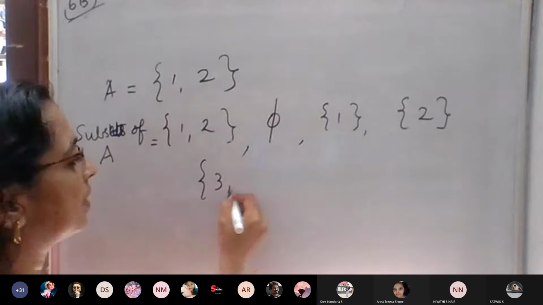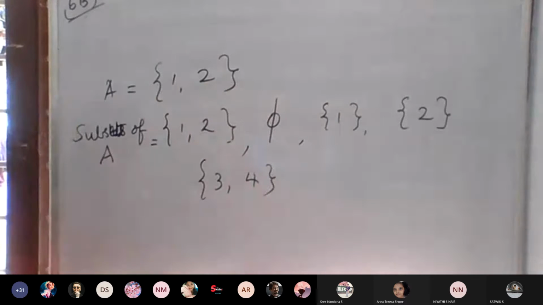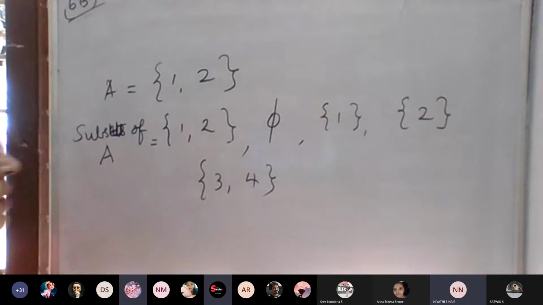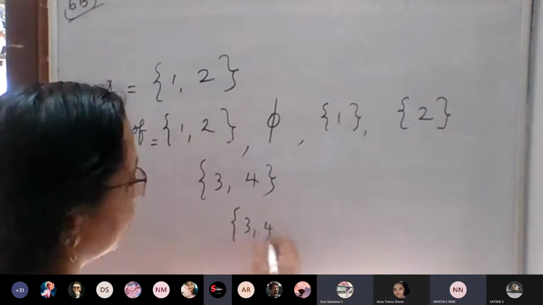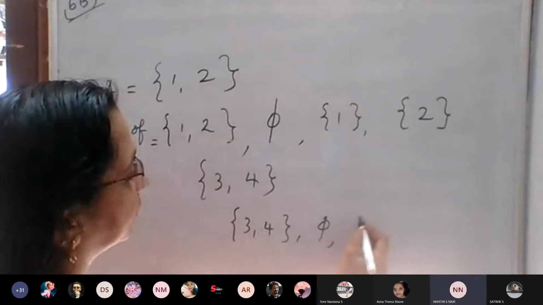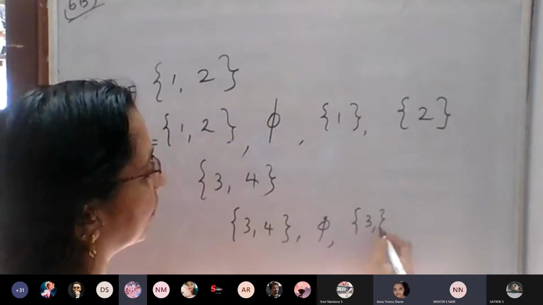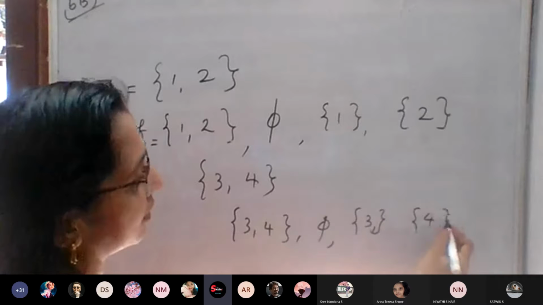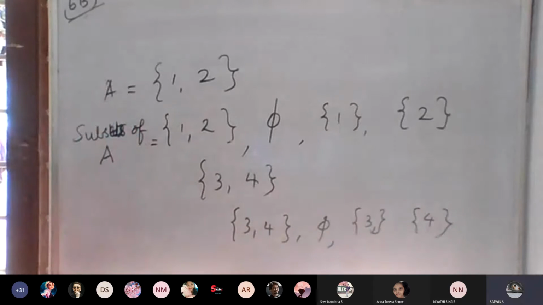So what about the subsets of {3, 4}? Tell me. A is equal to {3, 4}: the subsets are {3, 4}, the null set, {3} and {4}.